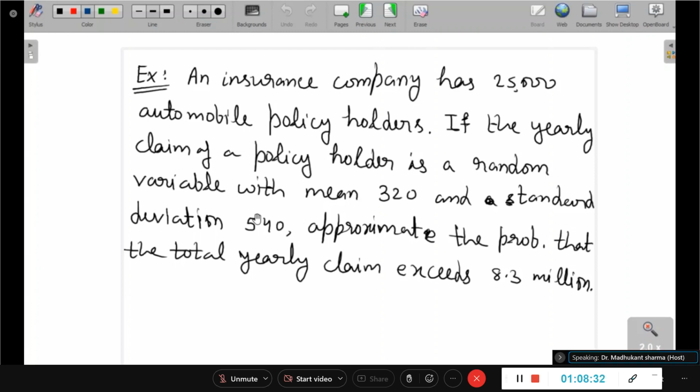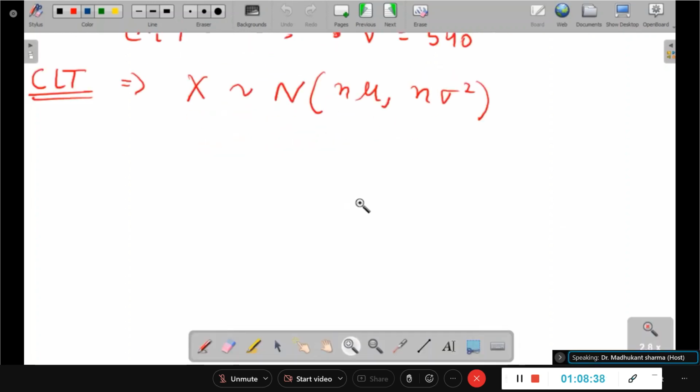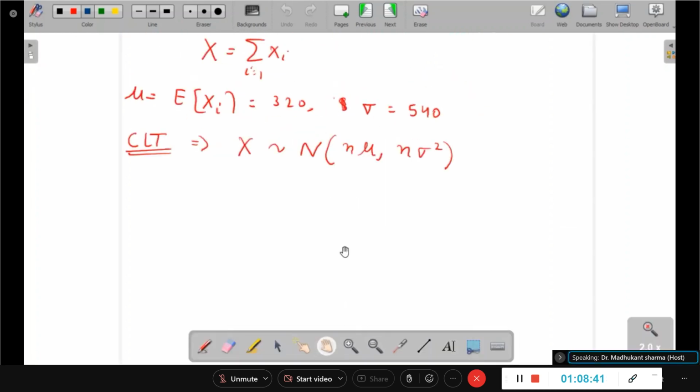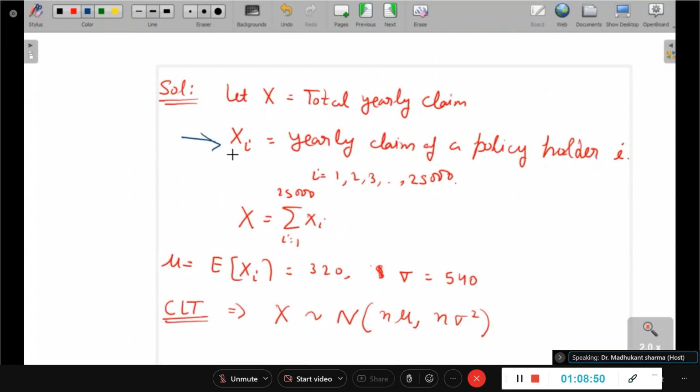So what I just told you, if you translate it, is this. xi denotes the yearly claim of policy holder i, and X denotes the total yearly claim.